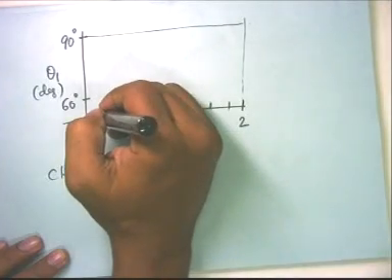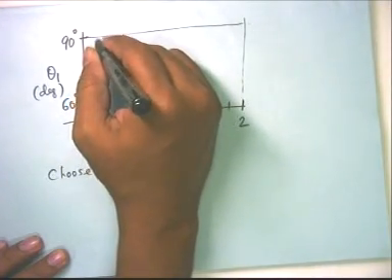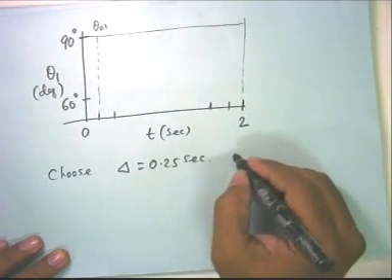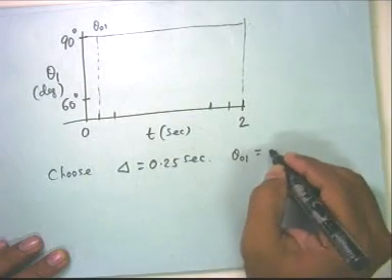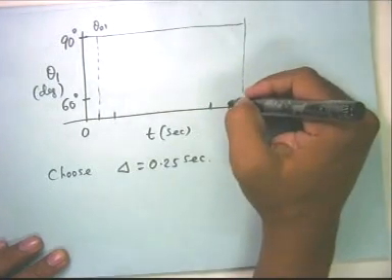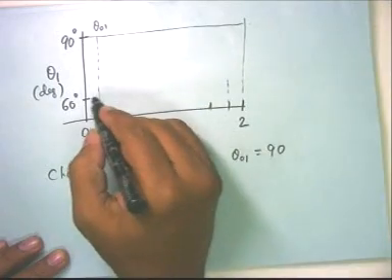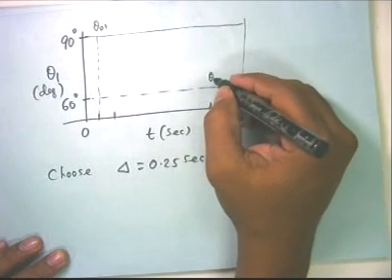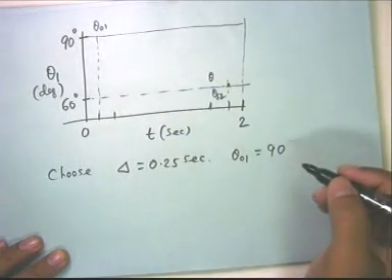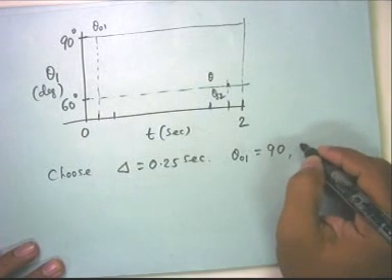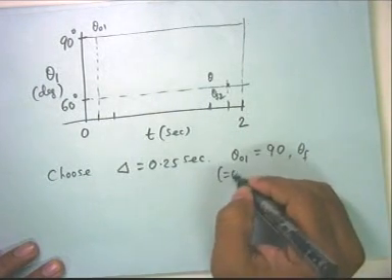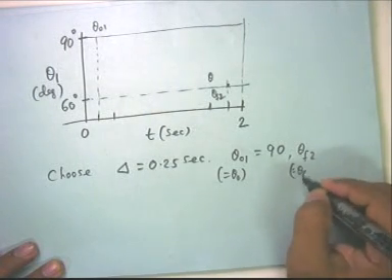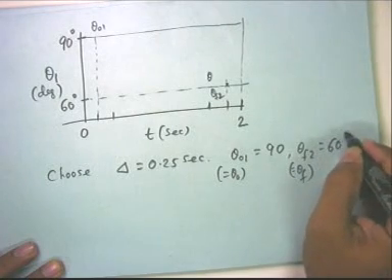Okay, so now the next thing is I choose theta 0 1. So here theta 0 1 should be equal to 90, and then here, this will be my theta f2. So theta f2 is equal to theta f, this will be 60.